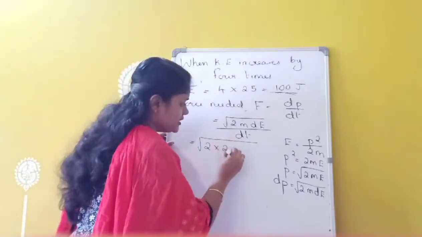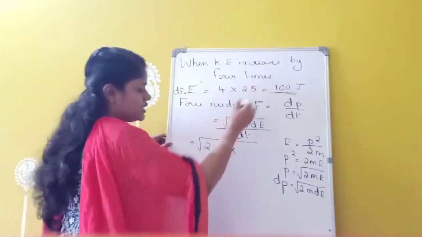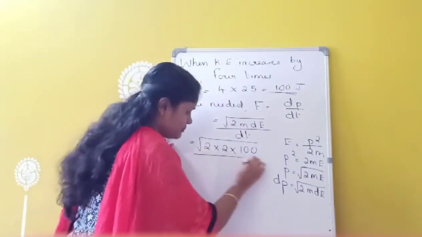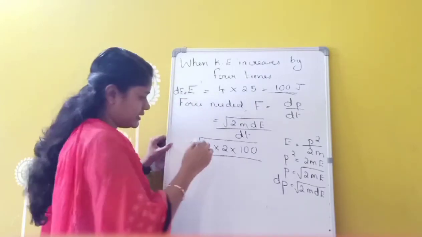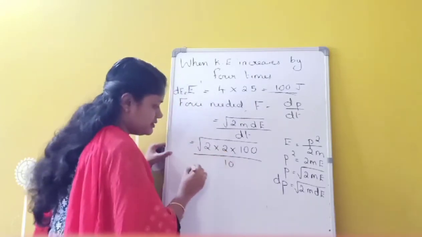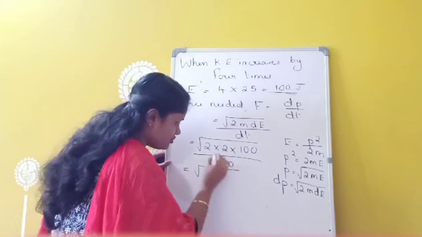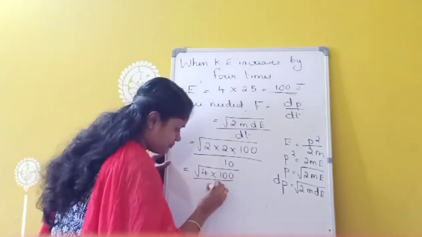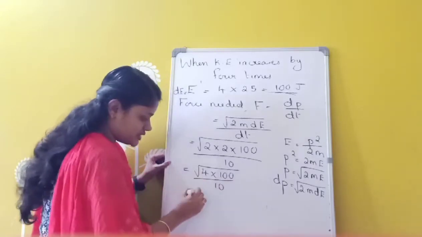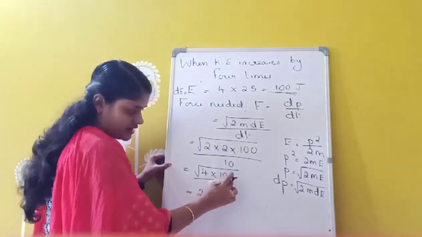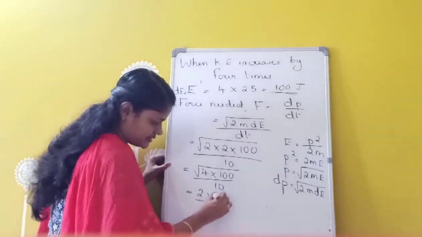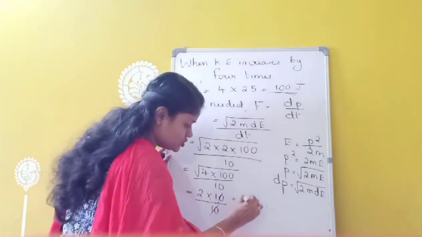So 2 into the change in kinetic energy, which is 100, divided by the time, which is given as 10. That is root of 2 into 4 into 100 by 10. So root 4 we know, 2 into root of 100 is 10, divided by 10. So 10 and 10 cancel. We will be getting the answer as 2 Newton.